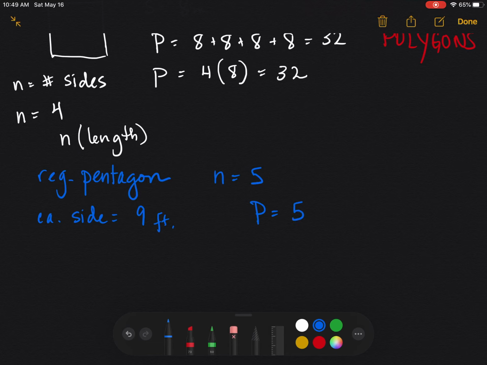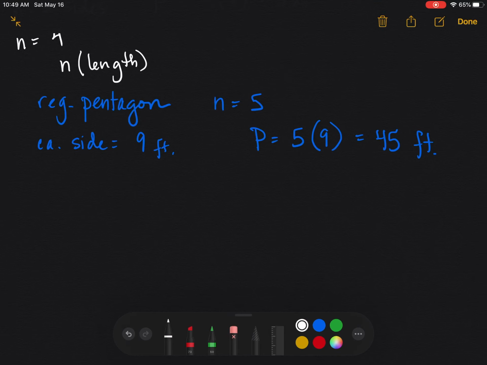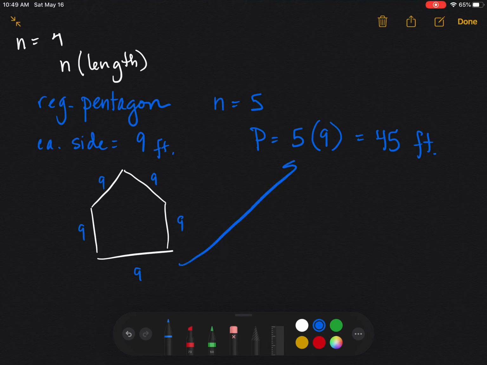I would take the number of sides and multiply it times 9 and get 45 feet. All right, and just to show you what that would look like, if it helps you to draw stuff on your homework, you can, and each side is 9, then that means 9 plus 9 plus 9 plus 9 plus 9. I don't want to add all that up. I would much rather do 5 times 9 to find that.